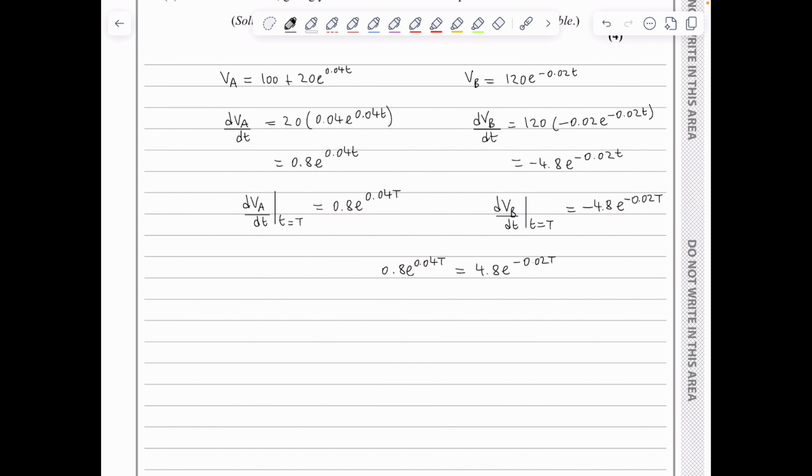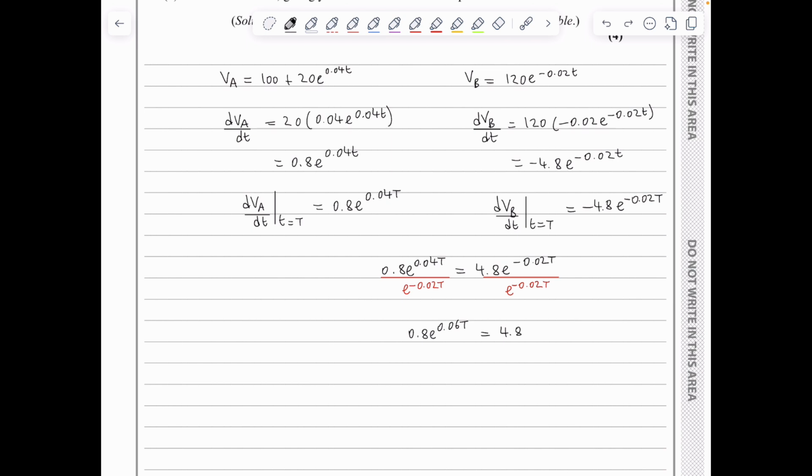I will proceed by dividing both sides by e^(-0.02T), so I'm collecting the exponential term on the left hand side. So we're looking at 0.8e^(0.06T) being equal to 4.8.